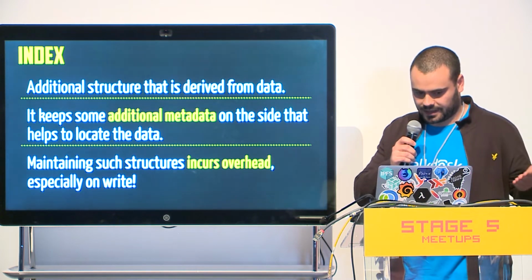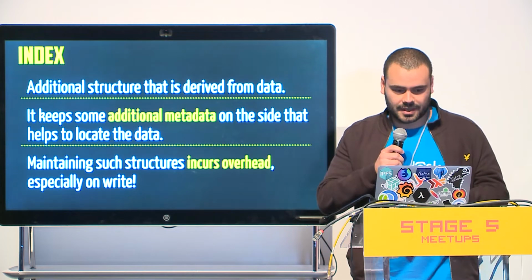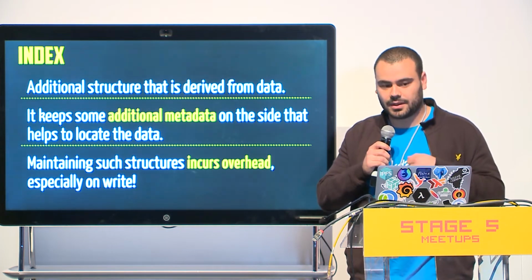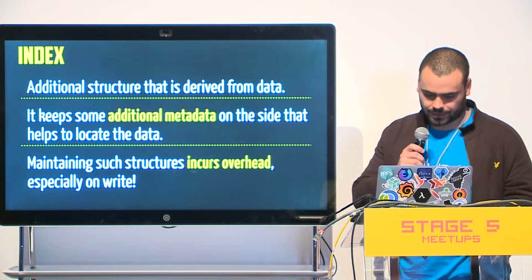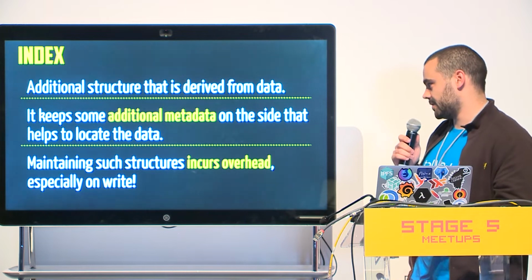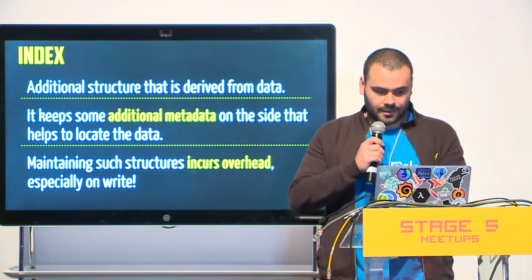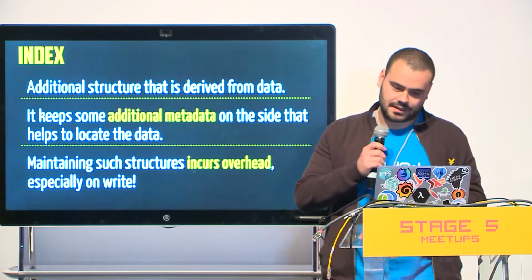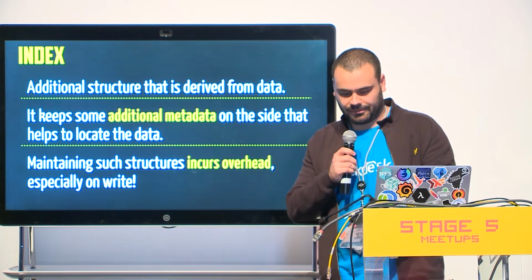It is an additional structure that is derived from data, and it keeps some additional metadata on the side that will help you to locate the data that we want to search for. Although maintaining such structures incurs overhead, especially on writes. And for writes, it's impossible to beat the performance of simply appending stuff to a file.